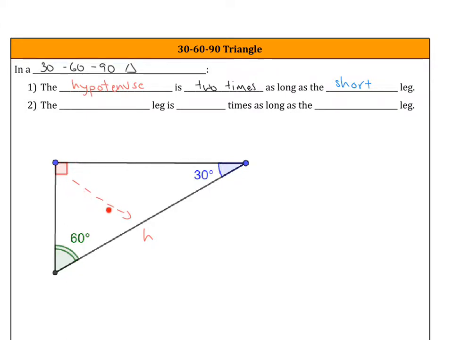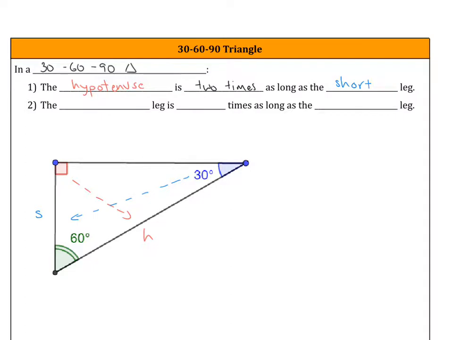It's across from the 90-degree angle. The short leg should be across from 30 degrees because it's the smallest side. So taking a look at 30 degrees and going right across the triangle all the way to the other side, this is the short leg, or S as we will call it.